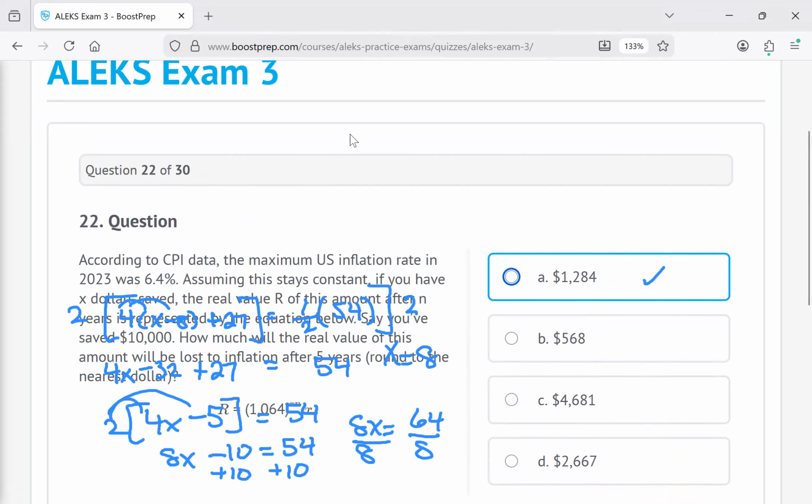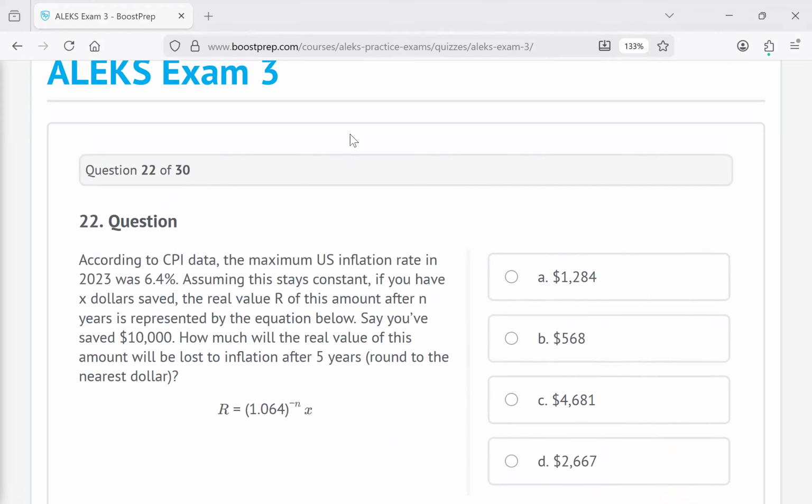Okay, here we have a word problem. According to the CPI data, the maximum US inflation rate in 2023 was 6.4%. Assuming that this stays constant, if you have X dollars saved, the real value R of this amount after n years is represented by the equation below. Say you've saved 10,000.